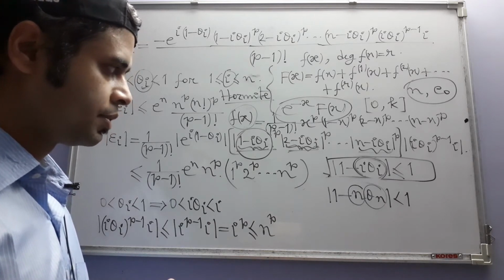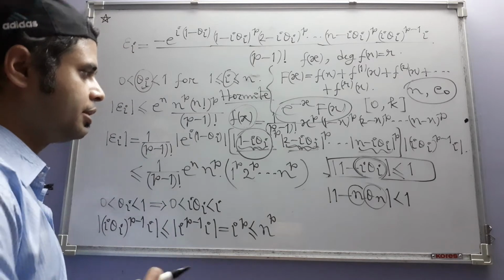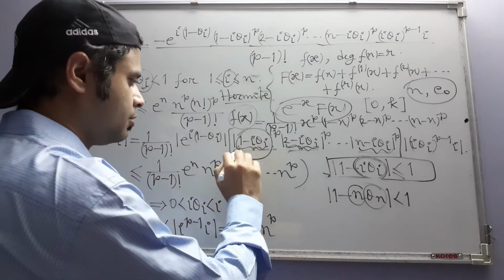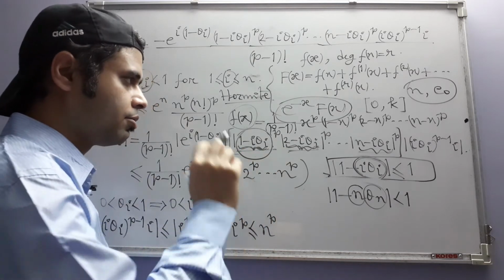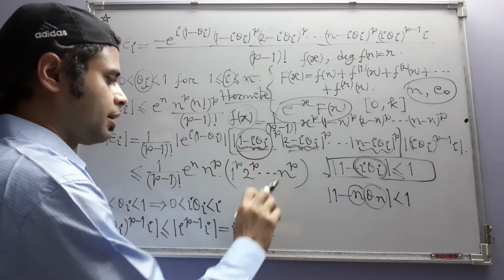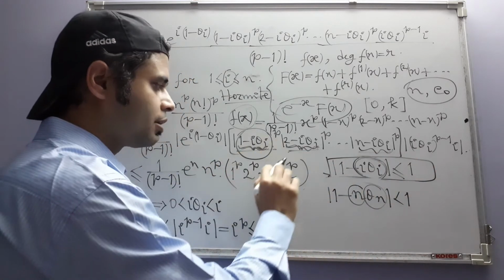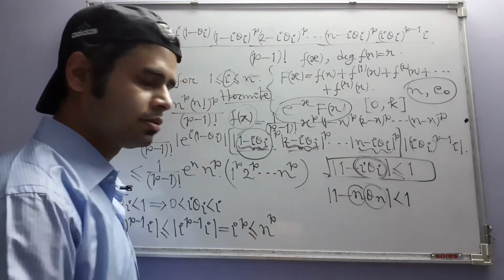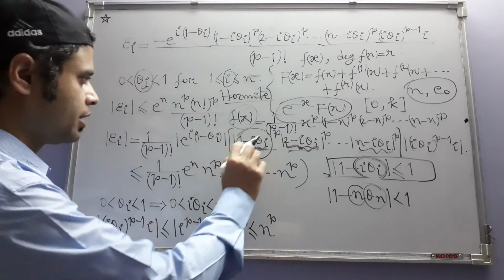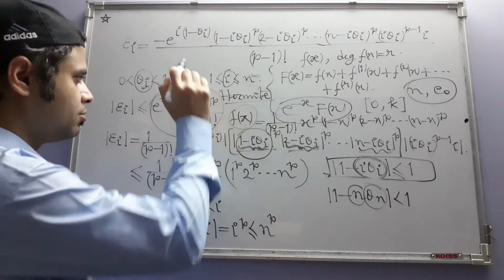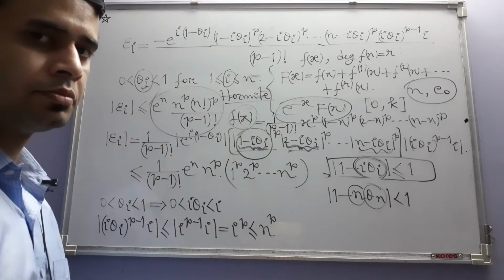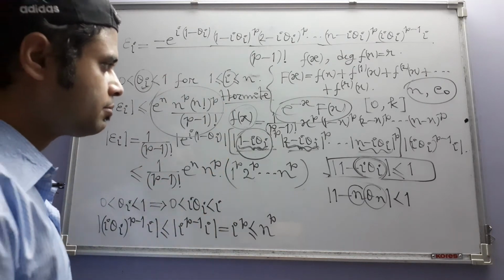But the main point here is, do you really think that the author has suppressed so much detail and has not even mentioned that these quantities are positive so that this bound is true? I don't think so.